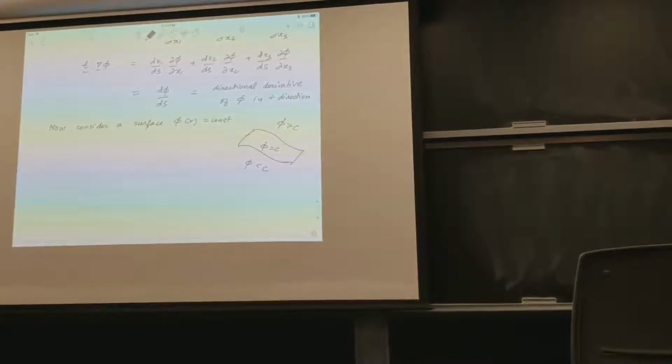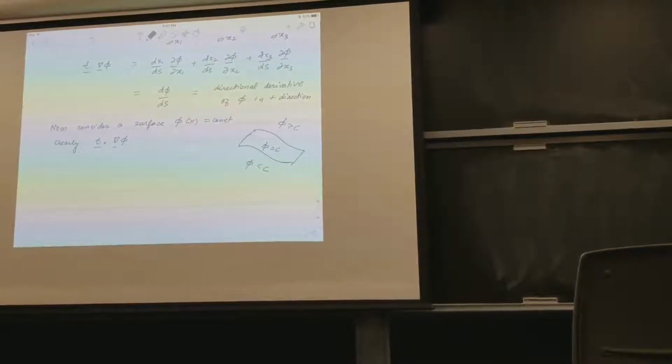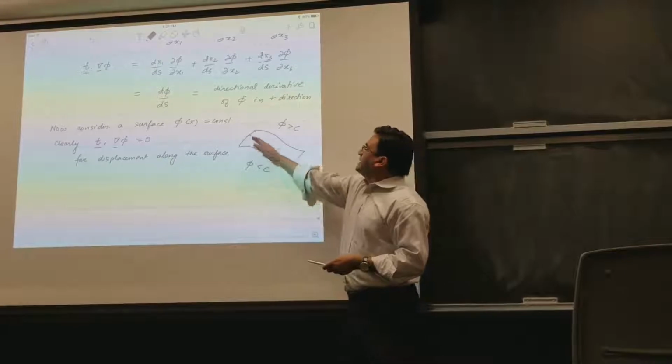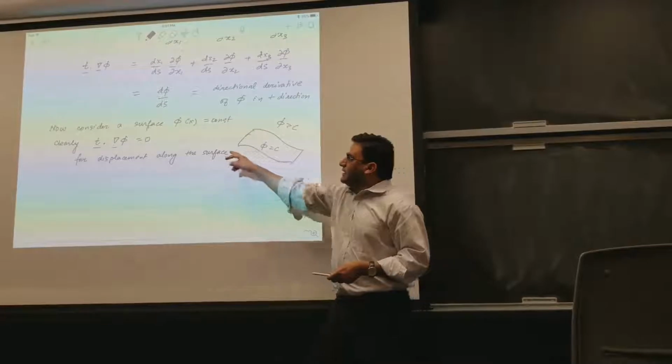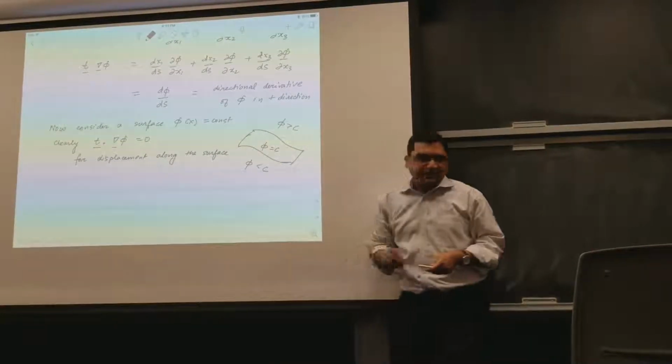Because phi is constant, the dot product of t and the gradient of phi is going to be equal to 0 for displacement along this surface. Right, so if I go along this surface and take the directional derivative of phi in that tangent direction, then that's going to be equal to 0. So that's what we write here.